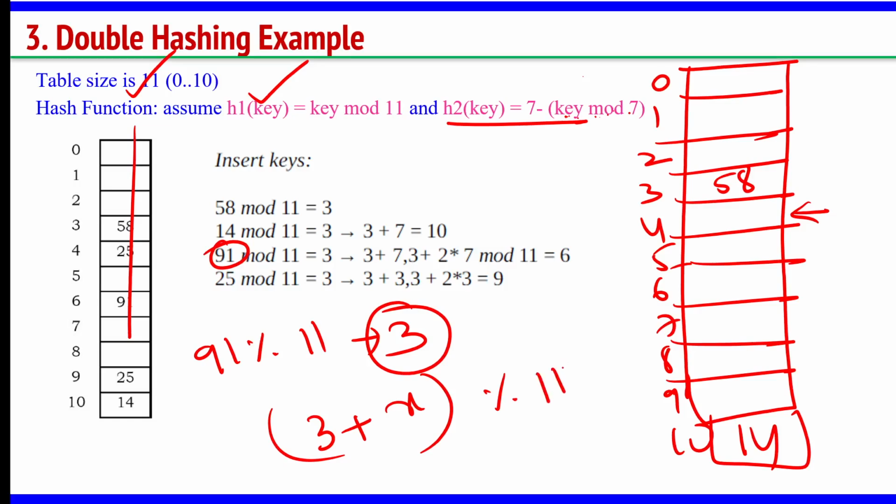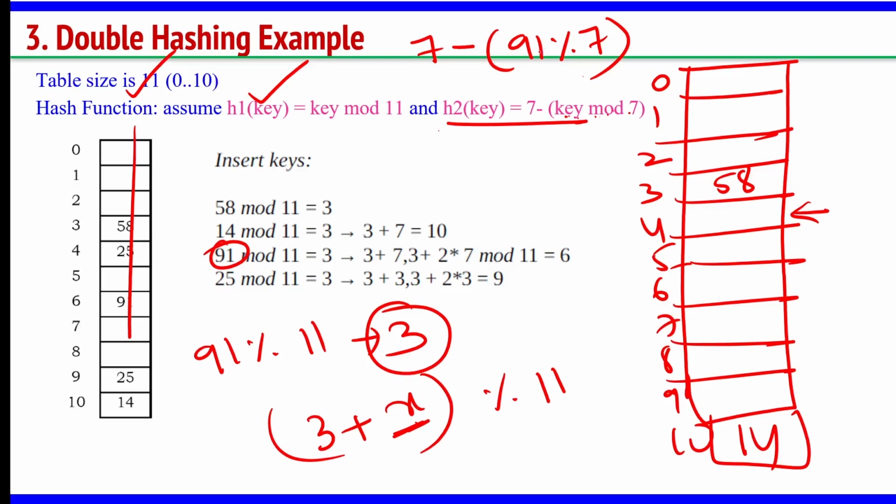In linear probing this x is 1, in quadratic probing this x is 1 square, 2 square, 3 square, but in double hashing I have to find this x using another hash function h2. That is 7 minus 91 modulo 7, as I have defined.